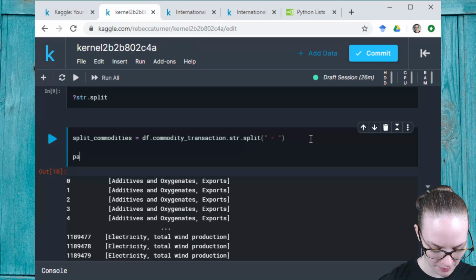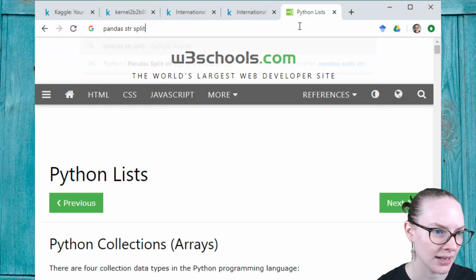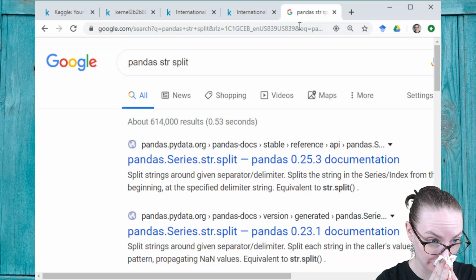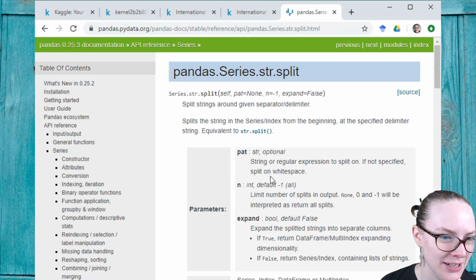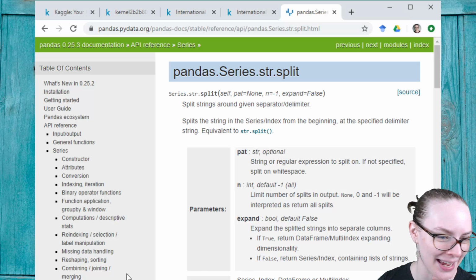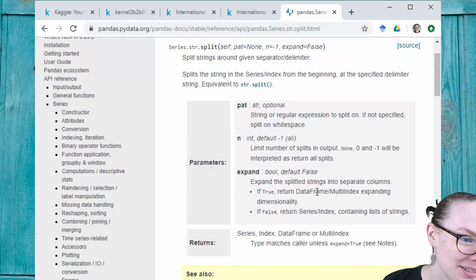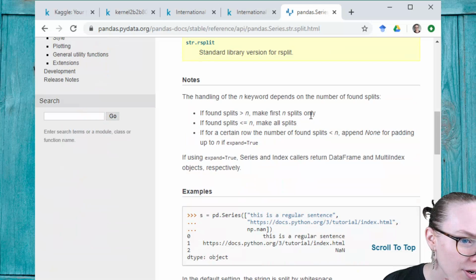Let's search pandas string split. Let's see if we can find the actual documentation for this and get more information. Pandas documentation, not some weird website that's just really excited about cookies. I know it's a legal requirement to tell people. Starting from the right, pass delimiter, make n splits only.